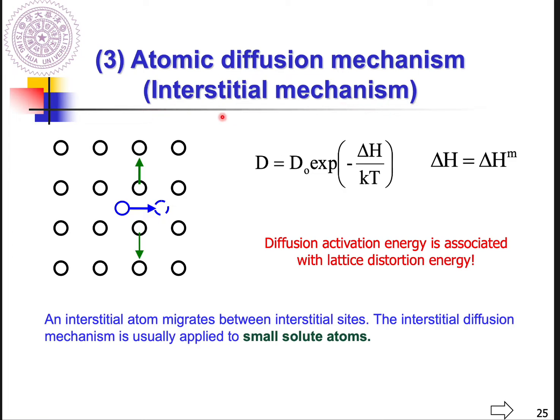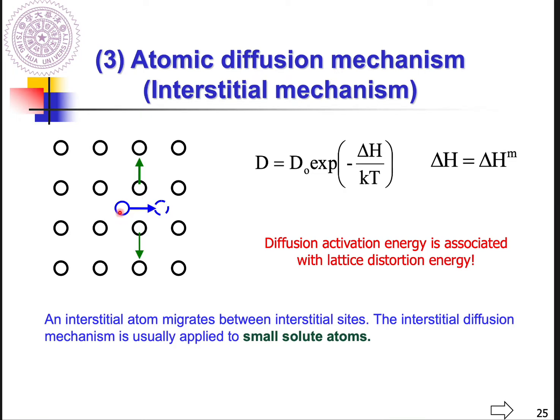For this case, we have host atoms in black, and also we have the small solute atom in blue. And this interstitial diffusion mechanism only happens when the diffusing atom is quite small, so that it will allow this diffusing atom to sit at an interstitial site, and this atom is going to move through interstitial sites.